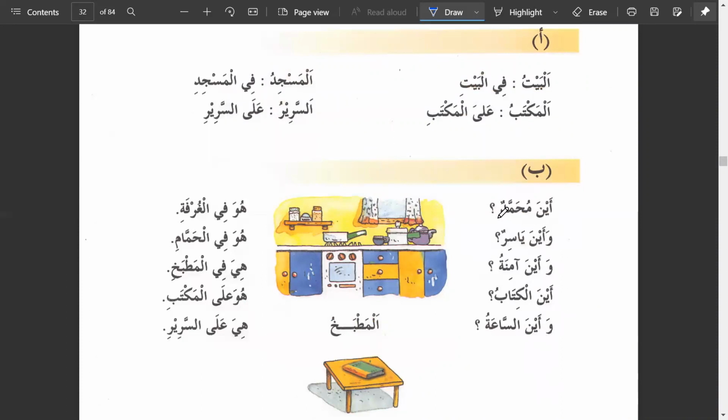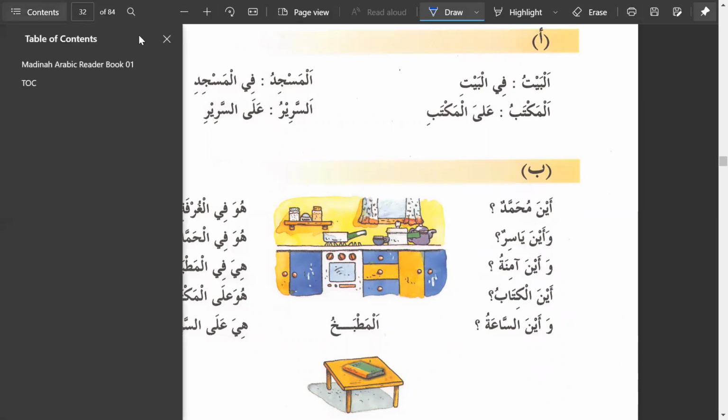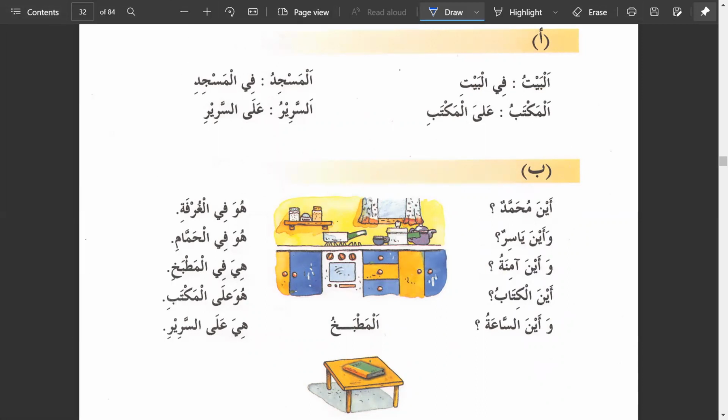Aina Muhammadun. Aina means... is it a harf jar? No, it's not a harf jar.